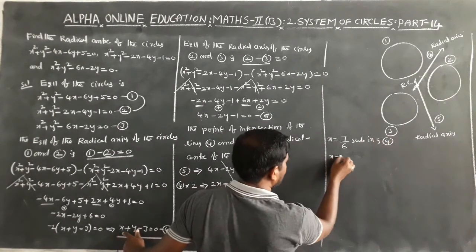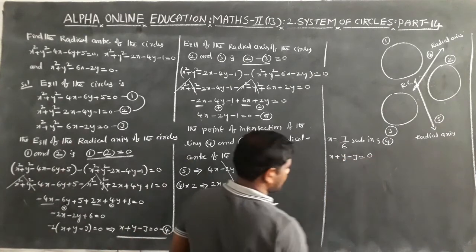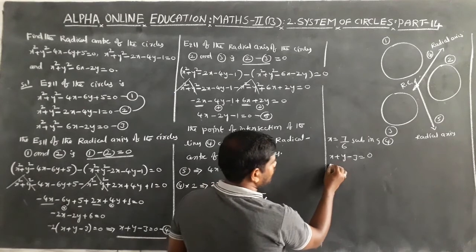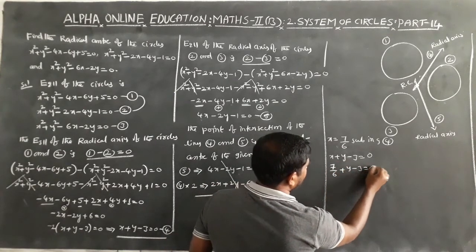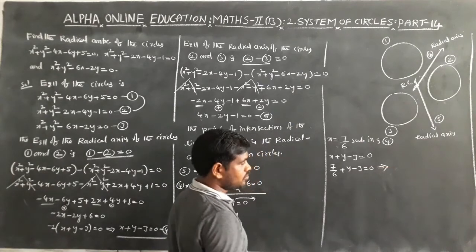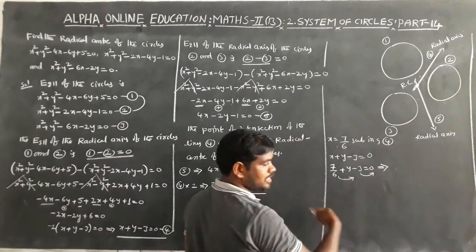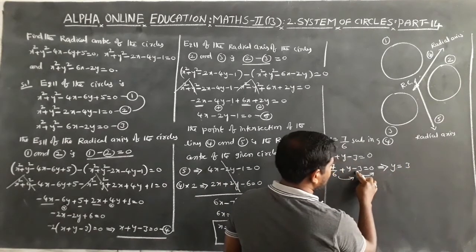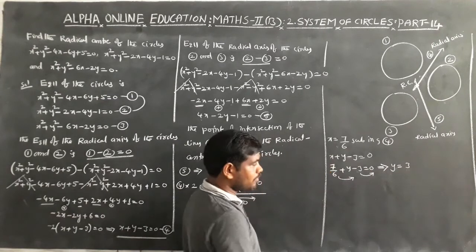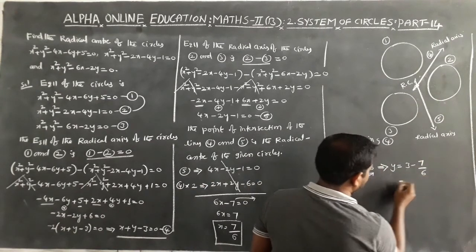Fourth equation: x plus y minus 3 is equal to 0. x is 7 by 6, plus y minus 3 is equal to 0. Taking 3 and 7 by 6 to the right side, y is equal to minus 3 becomes plus 3, plus 7 by 6 becomes minus 7 by 6.